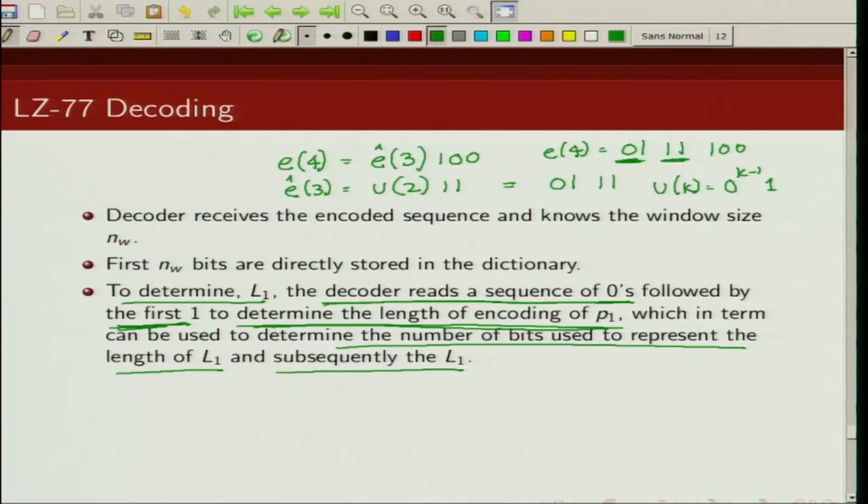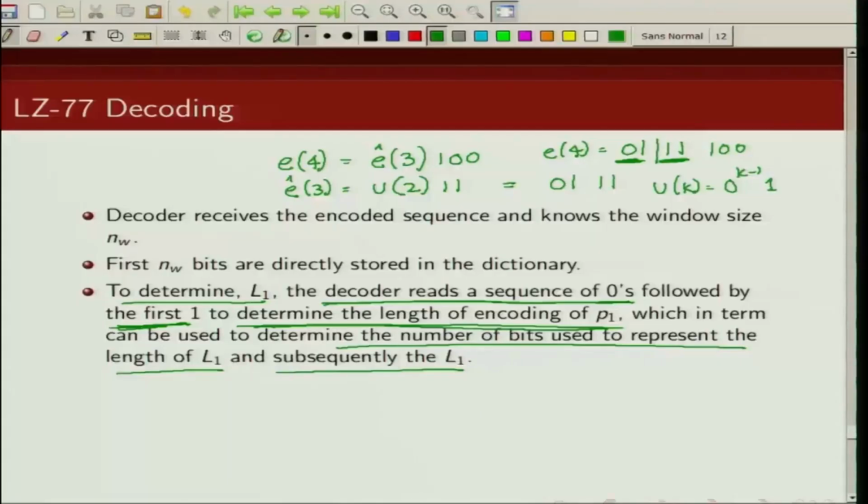That is then used to determine the number of bits used to represent L1. So we look at the next 2 bits. This will tell us the number of bits used to represent L, and this is 3.